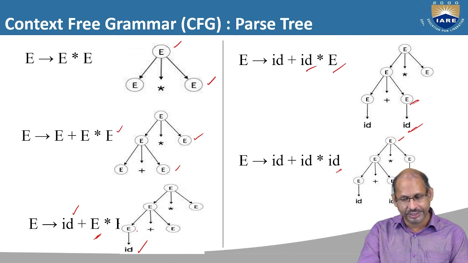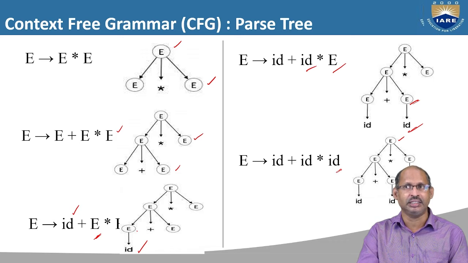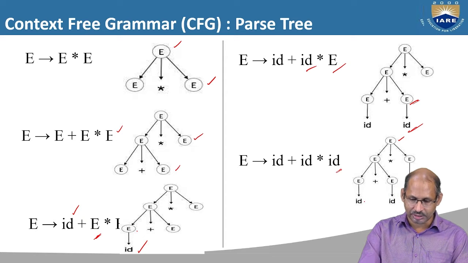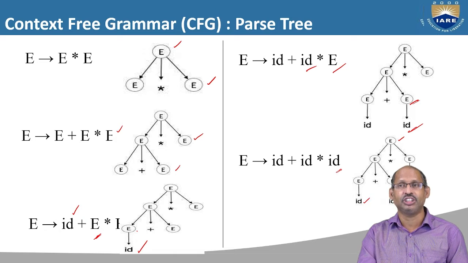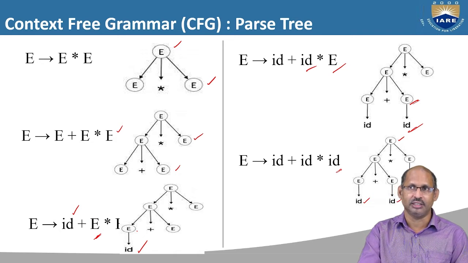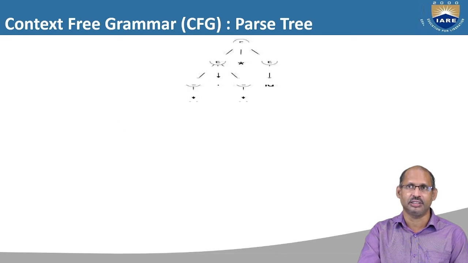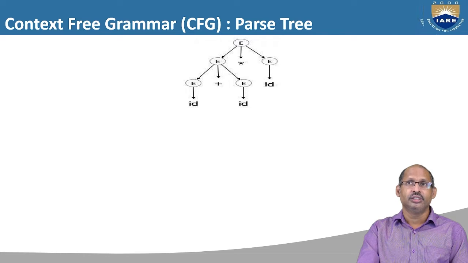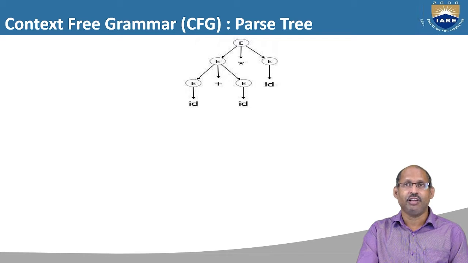So all the interior nodes are represented as E, and the leaves represent the terminals: ID, ID, ID. So this is the final parse tree.